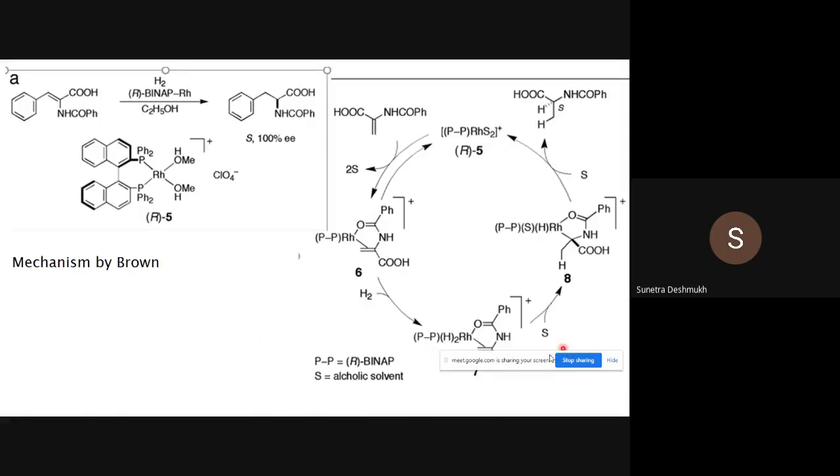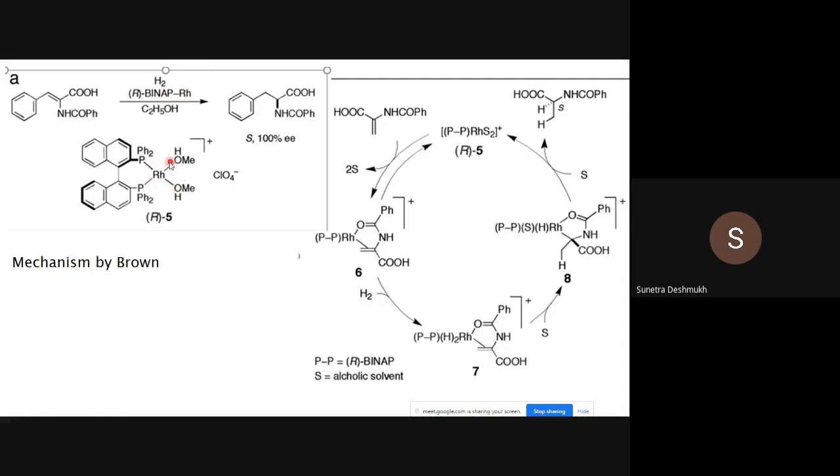the mechanism Brown has proposed for the reduction of this carbon-carbon double bond. Okay, so we'll see now. The R-BINAP hydrogenation reaction involves a rhodium-based catalyst.